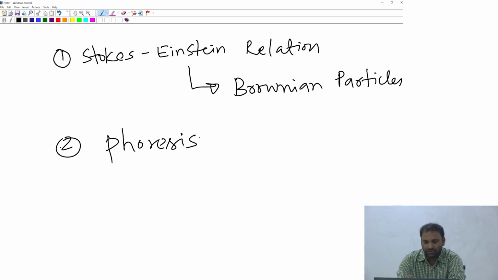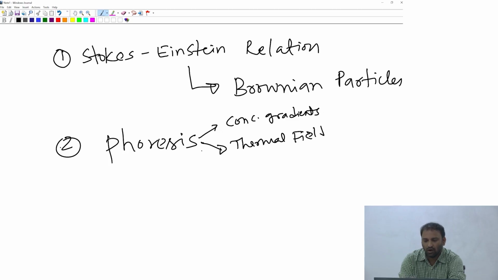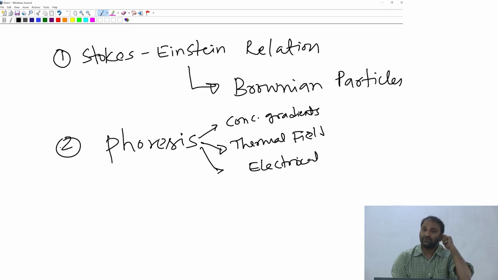Either you could use concentration gradients, or you could use thermal fields or thermal gradients, or I can use some other force. It could be electrical forces or magnetic forces, right?